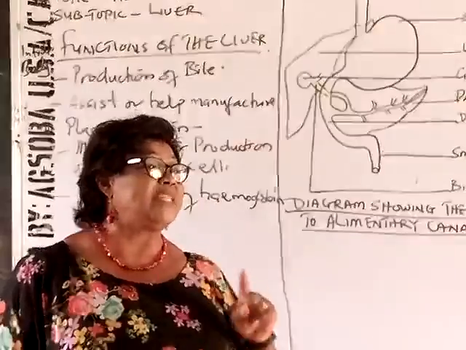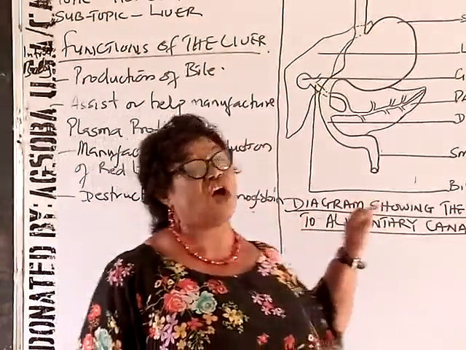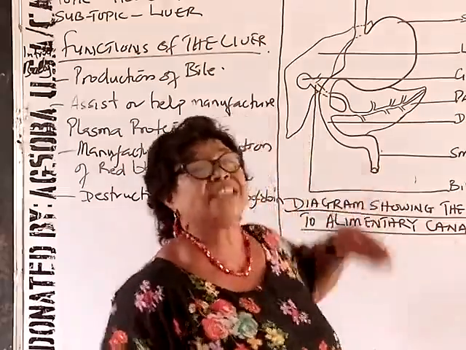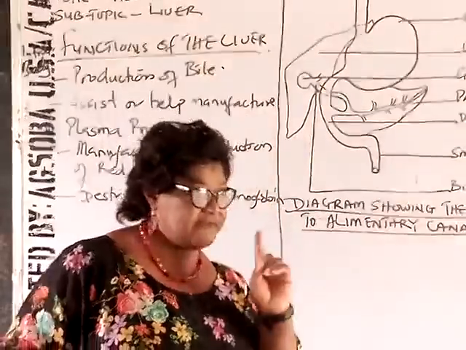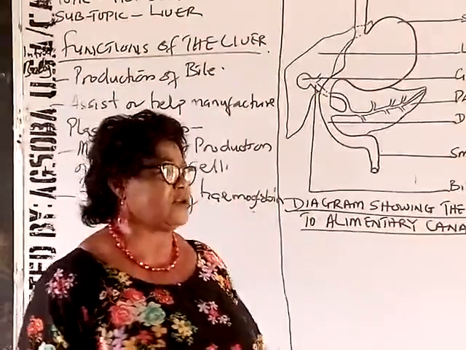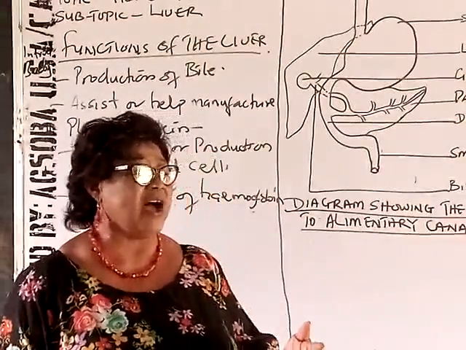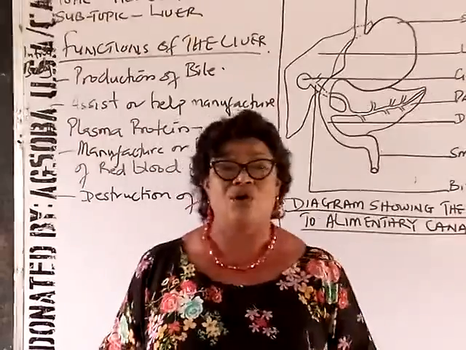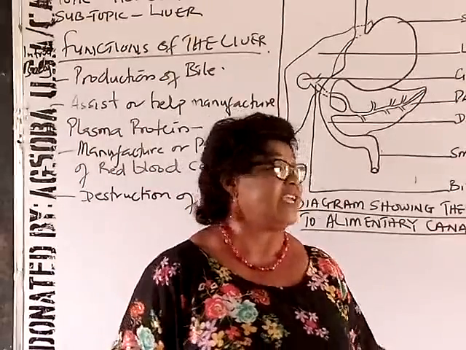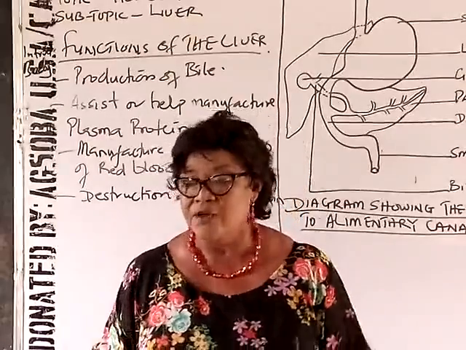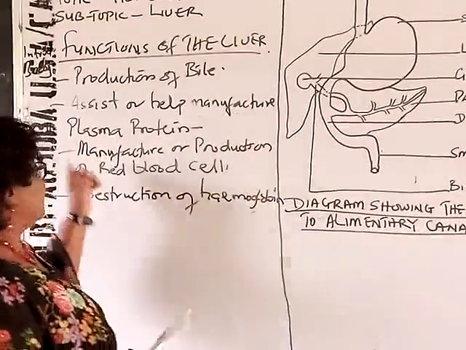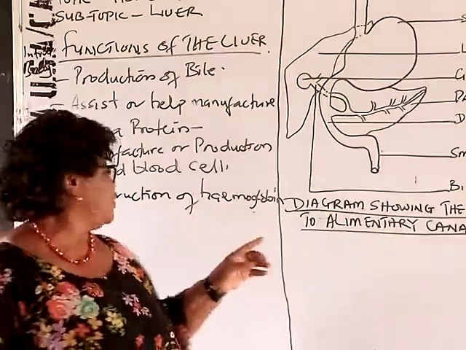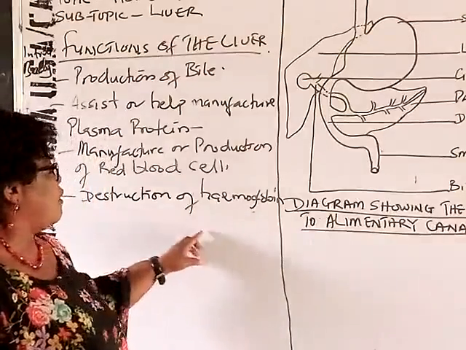It is the bilirubin that is being carried by the liver and stored in the gallbladder as a waste product of the liver. And the ferritin, which contains iron, returns back to the liver and helps the liver to manufacture its red blood cell in adult human and also in fetus. So that is how the liver is involved in the destruction of hemoglobin.